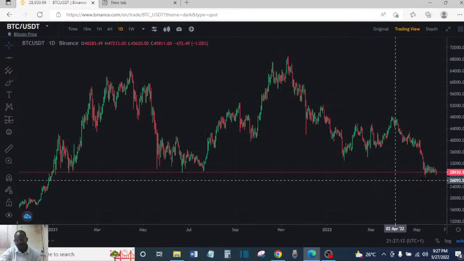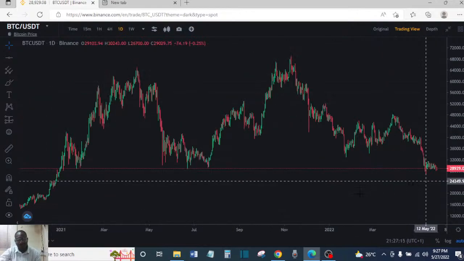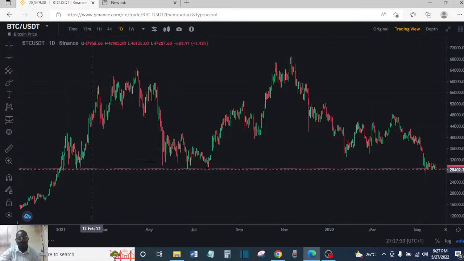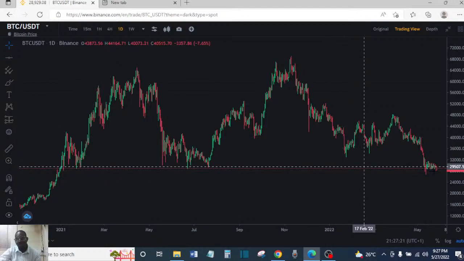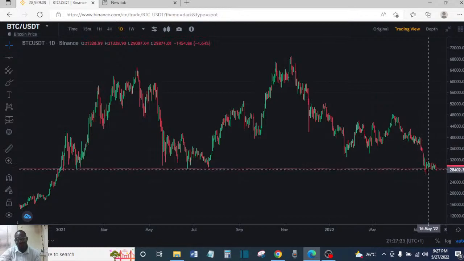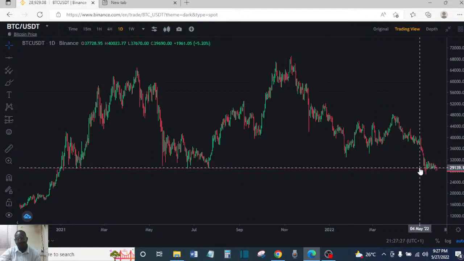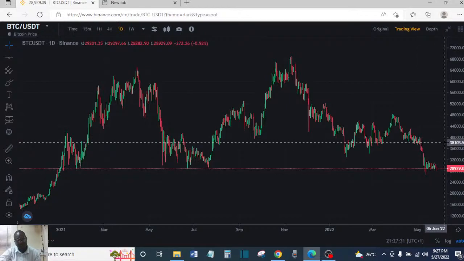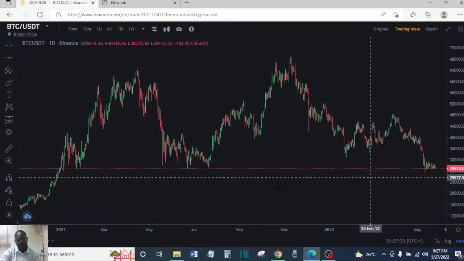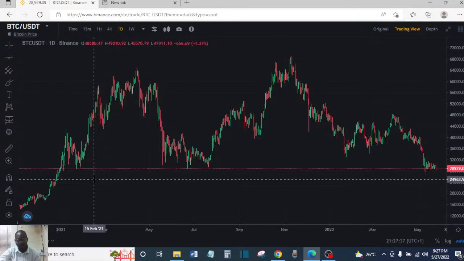Looking at the daily chart, you can see what is happening here. Breaking through this point, based on the adoption of Bitcoin, we expect a movement to the upside. But anything can happen.